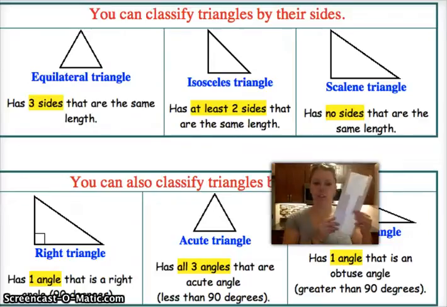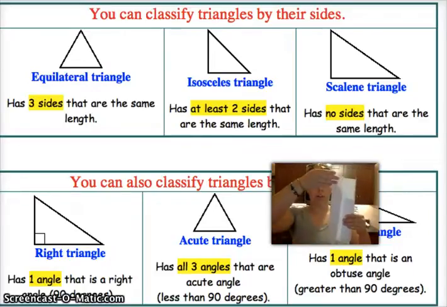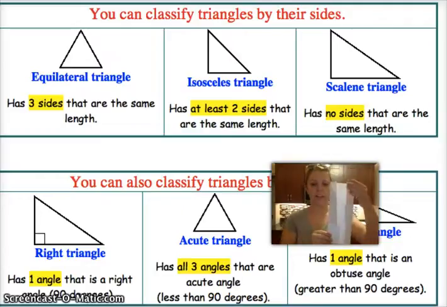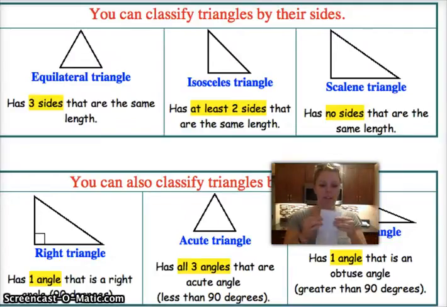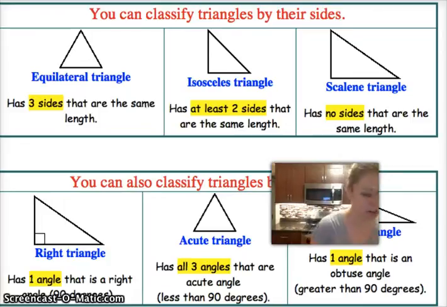The way that we're going to use this foldable is on one side, we're going to classify triangles based on their sides. And on the other side, we're going to classify them by their angles. On the front of each one, you're going to put the name. So I'll do equilateral triangle.